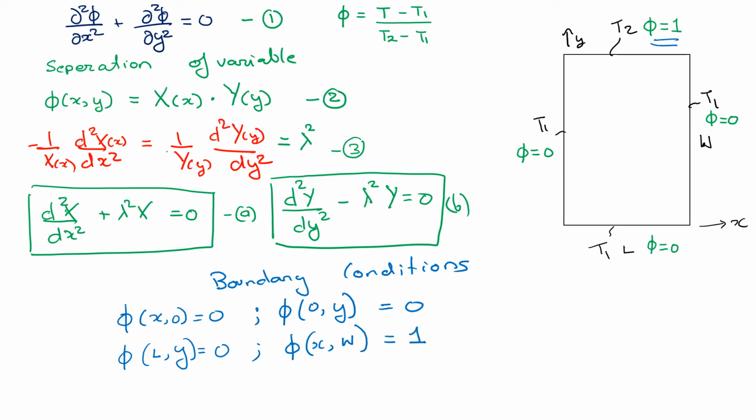That's this boundary right here. So these are the boundary conditions that we have, and we will use them to find our solution to the heat diffusion equation.